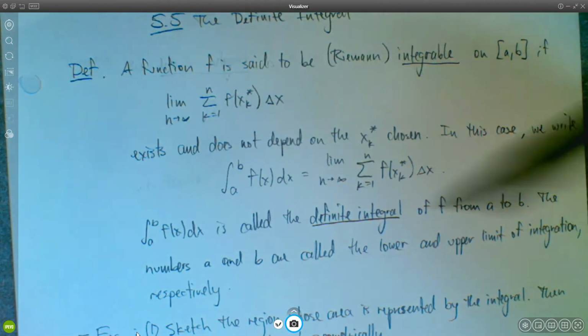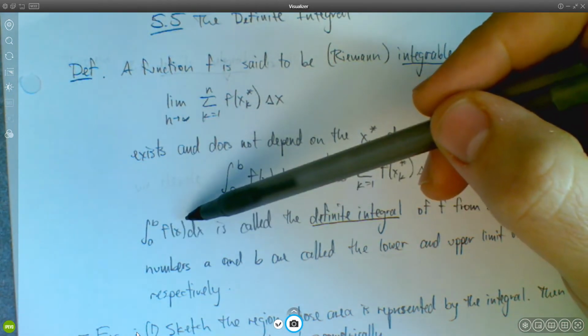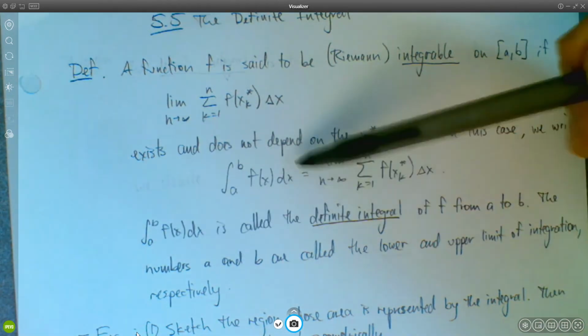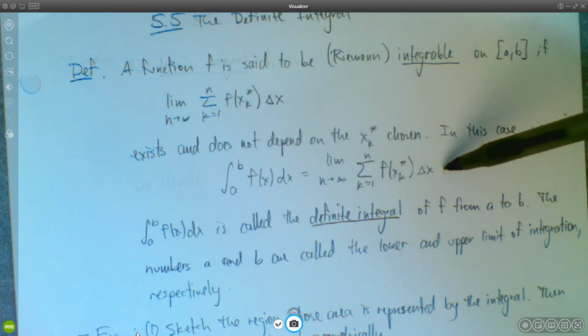So the indefinite integral that we've been looking at, we've been thinking of as an antiderivative, something that undoes differentiation. This definite integral, we see now, is tied to the net signed area, which is interesting.